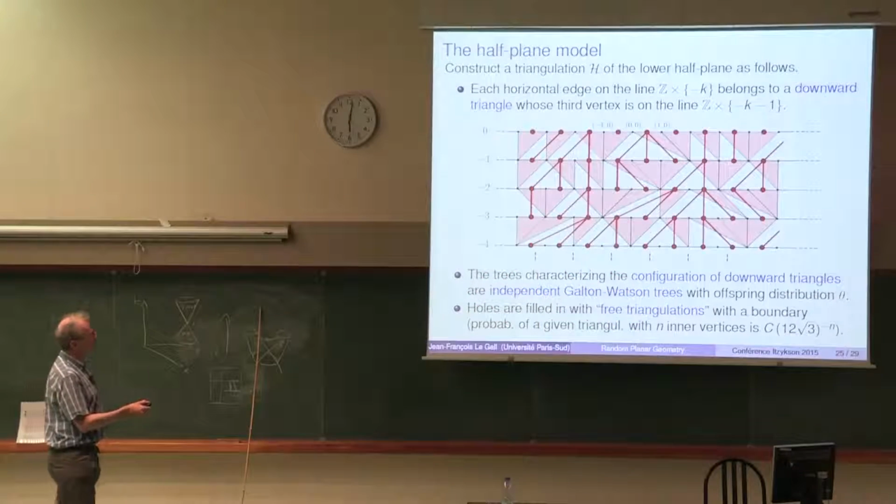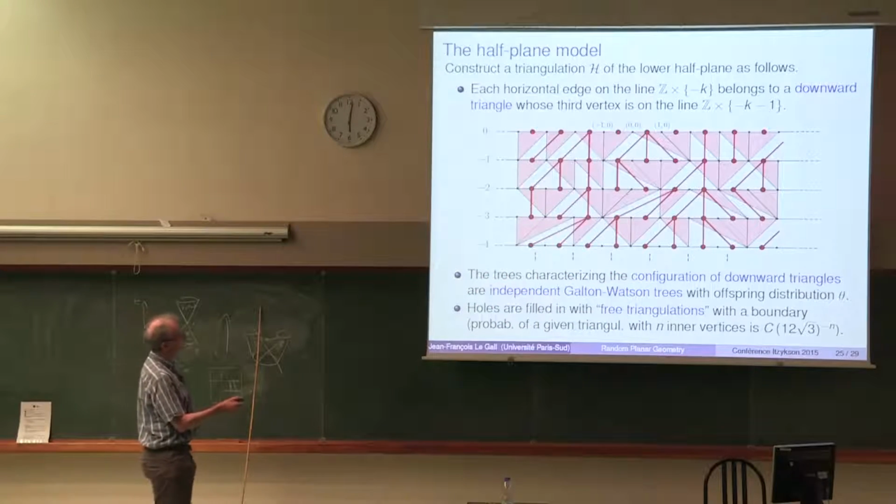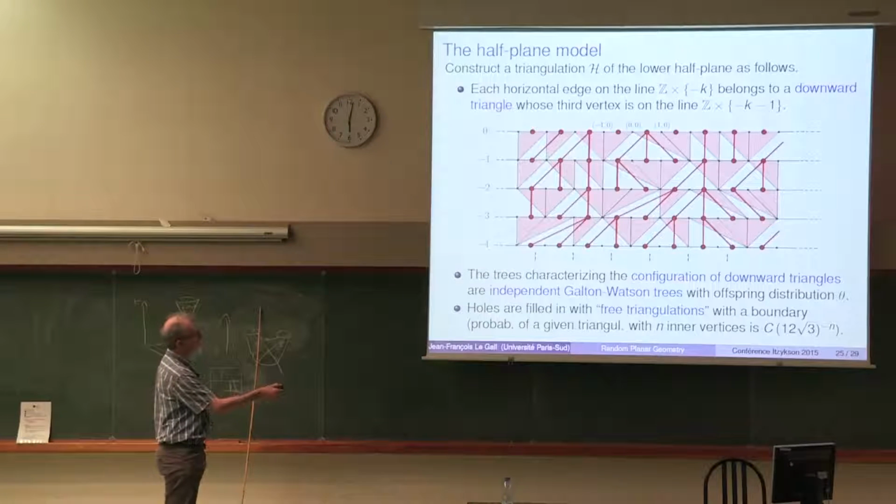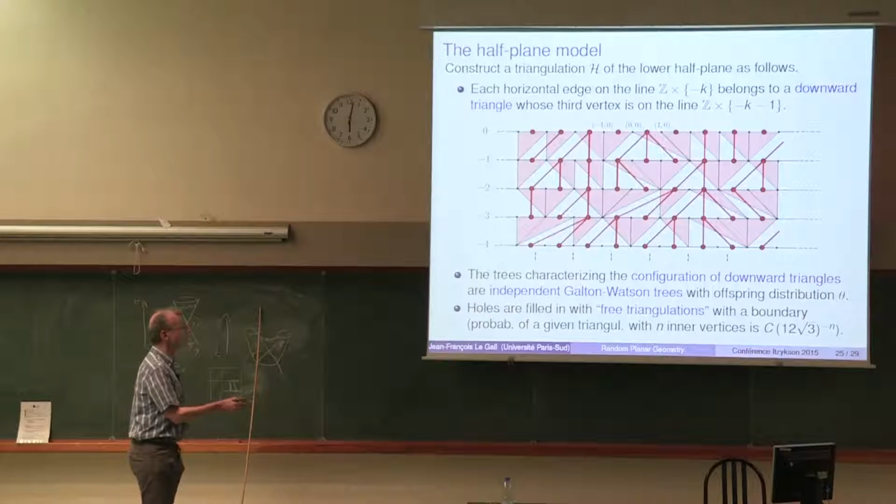So it will contain already all edges corresponding to the lines at integer vertical coordinates, meaning that you have the line here, vertical coordinate 0, -1, -2, and for each of these lines, of course, you have edges between the two successive points with integer coordinates. Okay?